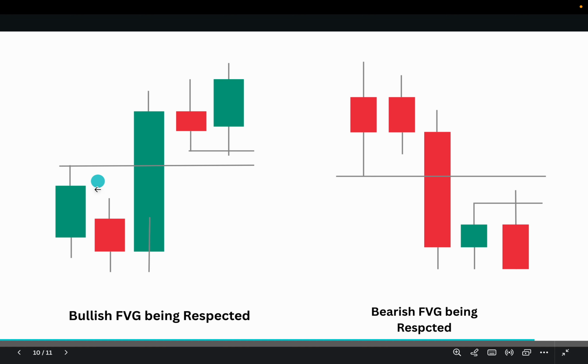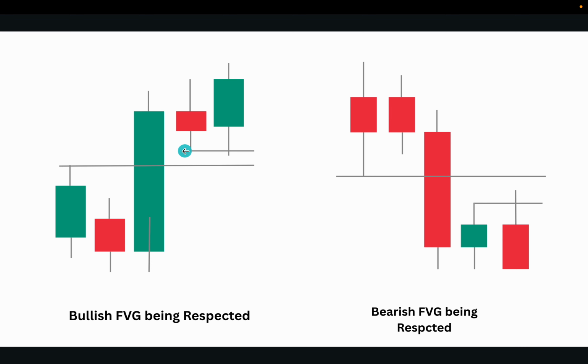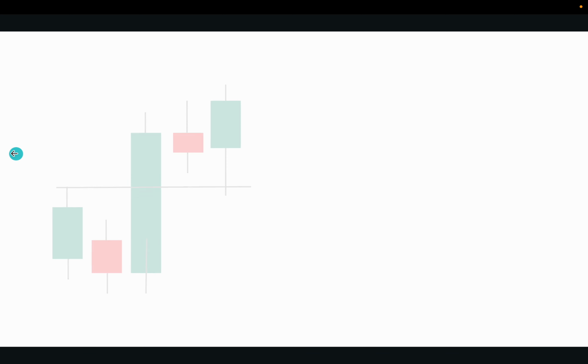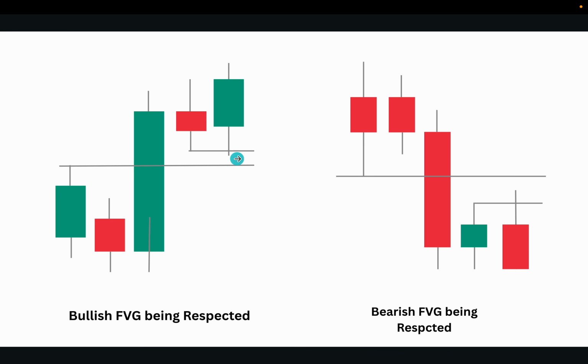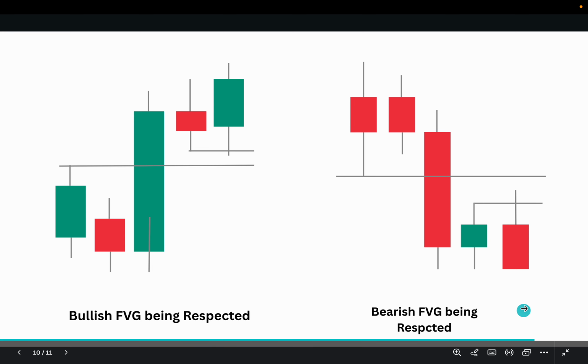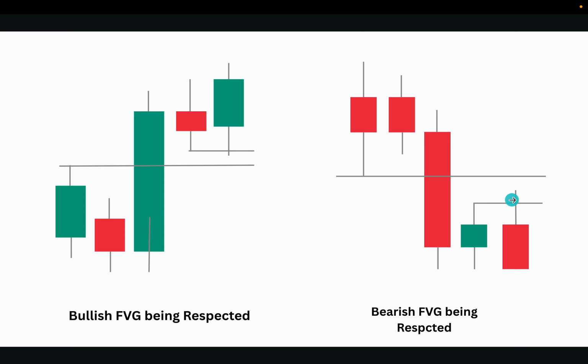Now after creation of this fair value gap, the next candle, the fourth candle, can either touch the fair value gap and carry on the expansion, or move in the direction of the momentum. In the case of bearish, similarly, the fourth candle can continue in the bearish direction, or lower, after touching the fair value gap.